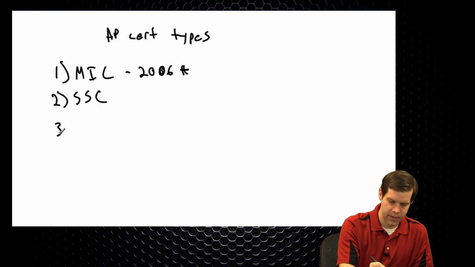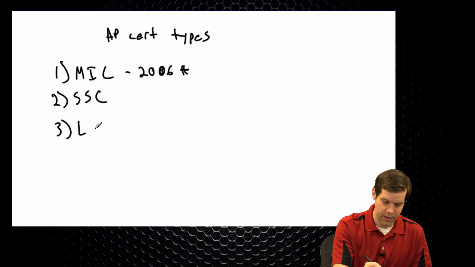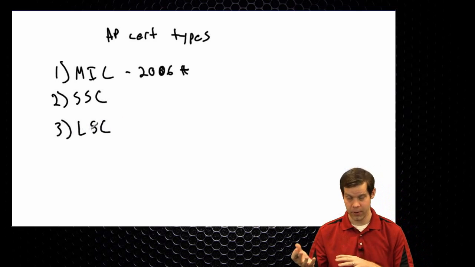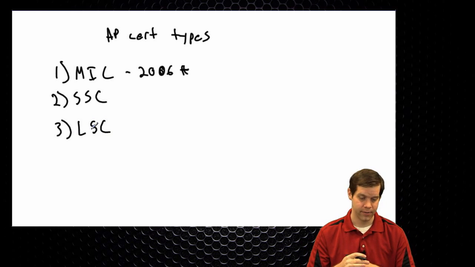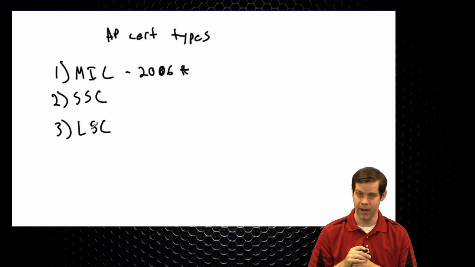The last one, and I honestly don't know any companies that do this, but there obviously are some out there, it would be a locally signed certificate, or an LSC. This could be on any type of access point, either a newer access point or older access point, it doesn't really matter. Rather than use the MIC or whatever built-in certificates on the AP, I actually want to provision my own certificates and push those out to my access points.